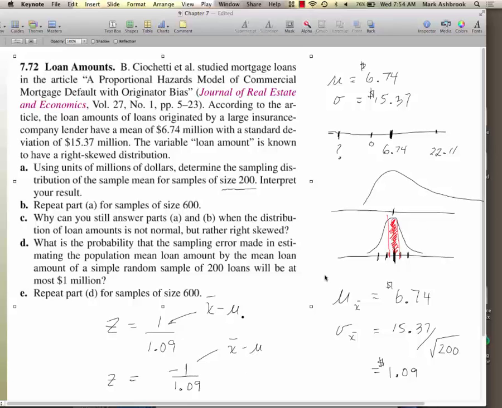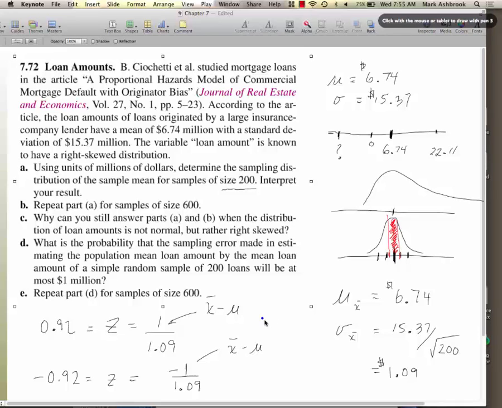What's the z-score for 1 divided by 1.09? 0.92, and then negative 0.92, and so then we get our areas, right? To the left of 0.92 is how much area? 0.8212.